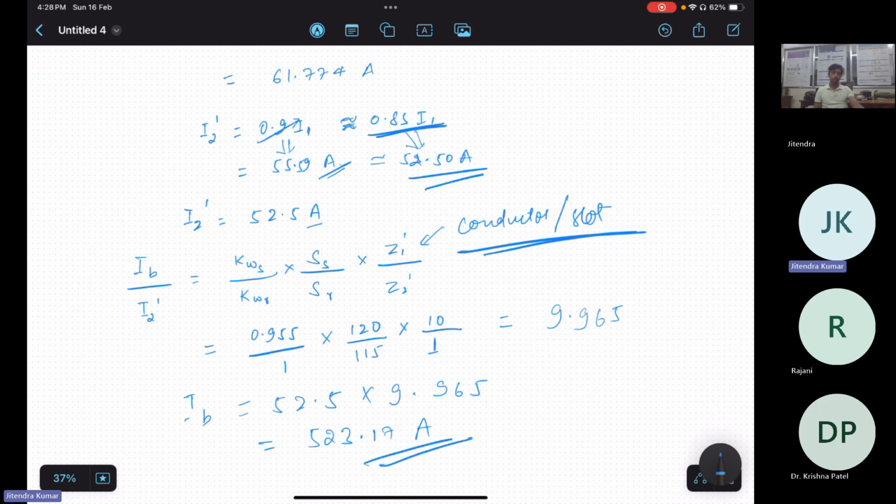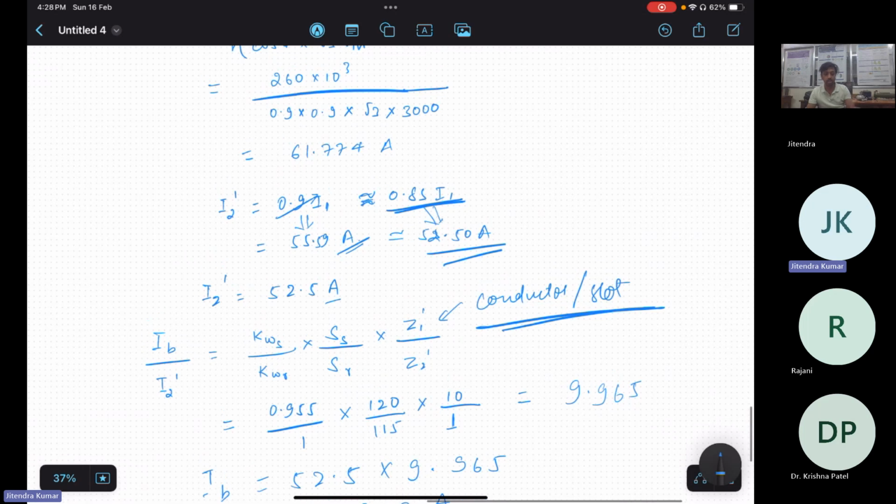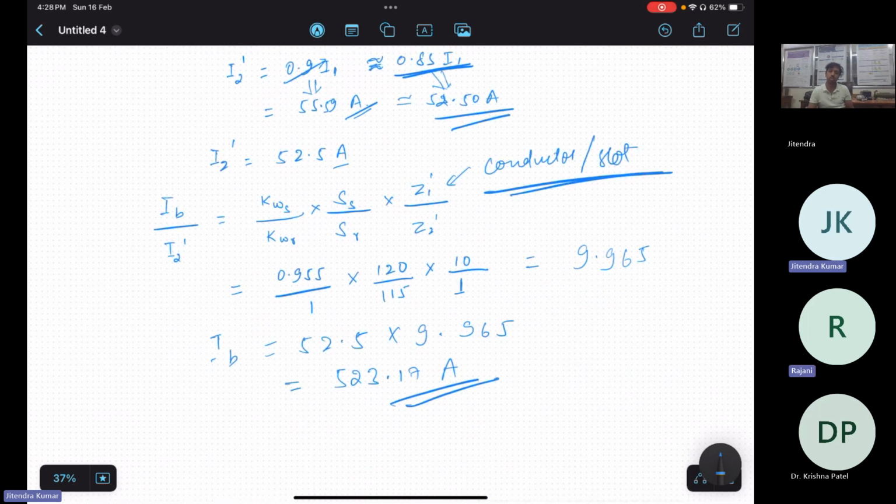So see, even though input current is so small, 50 or 55 amps, your bar current is so high, right? Your bar is a solid conductor. That's why it can endure such a high current.